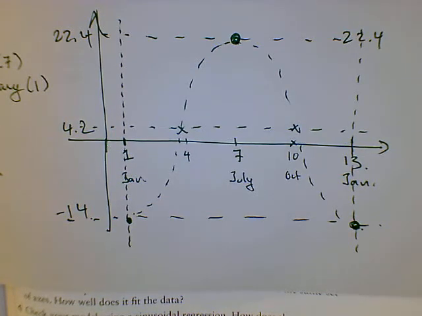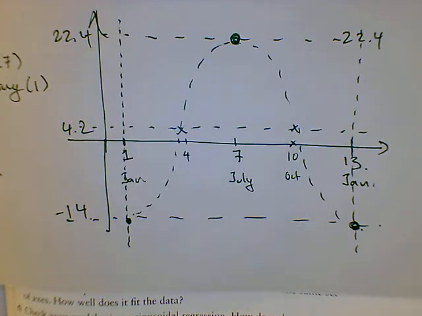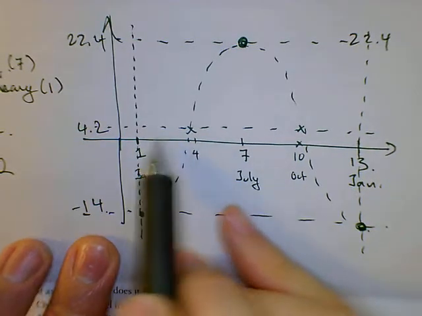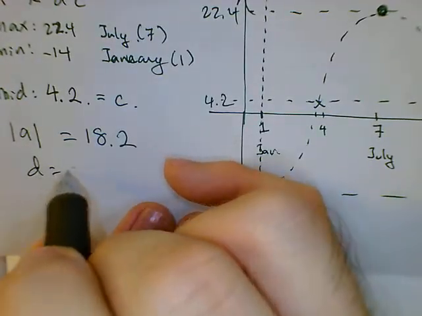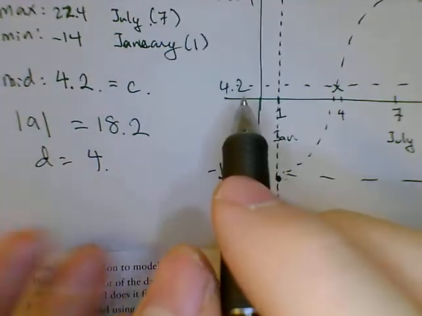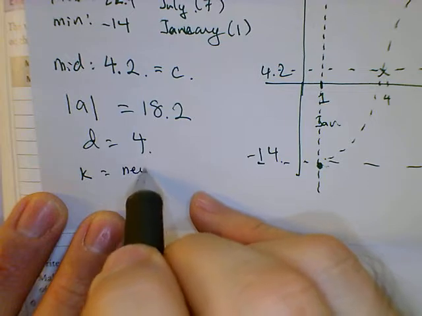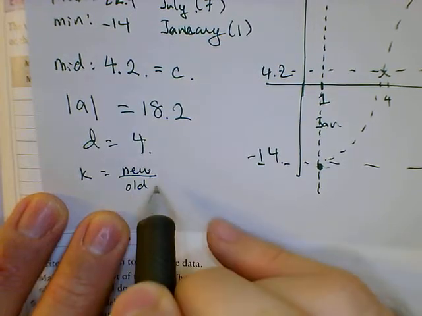So how far do I shift? 4. Correct. What's my period? 12. So my shift to the right, my D value, is going to be 4. What's my K? Well, K, if you remember, is new divided by old.